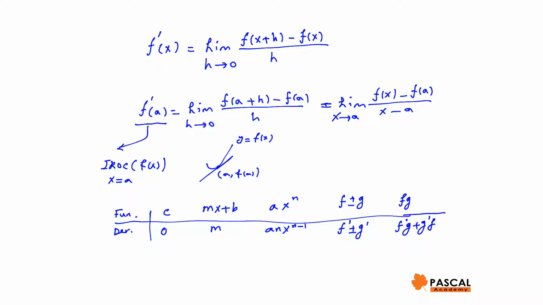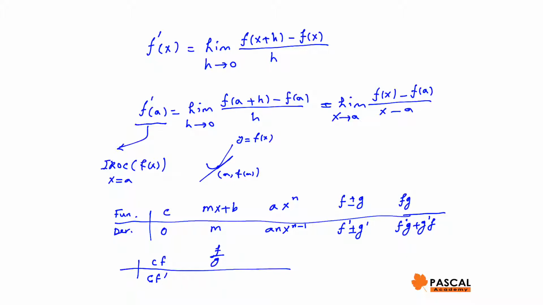We also used the properties of limit and saw that if c is a constant, the derivative of cf is cf prime.